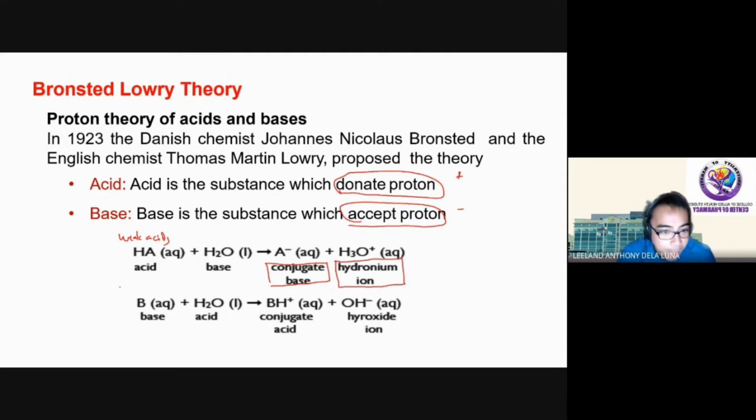Or, for a weak base, halimbawa, provided again the water yung aking pinaka solvent, alright? When a weak base, class, combines with an acid, let's say for example water ulit, okay? Ang mag-form niya naman, class, is a conjugate acid and a hydroxide ion.